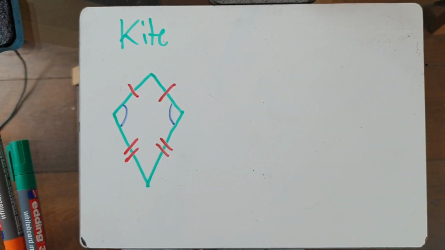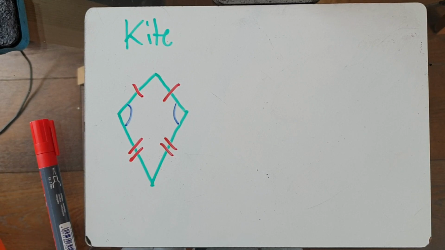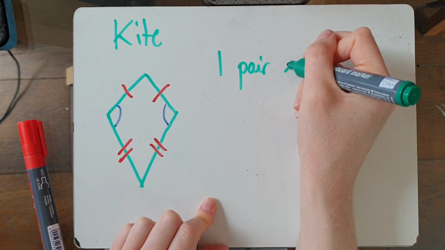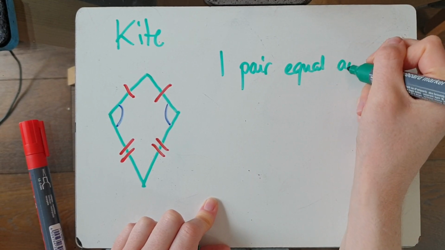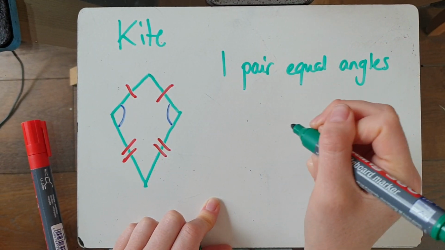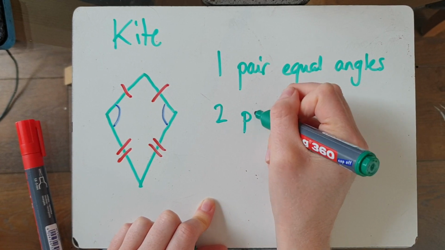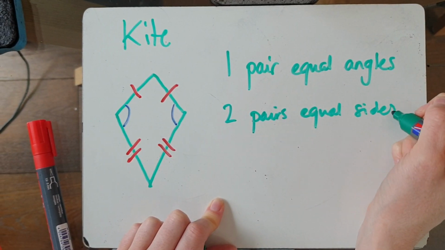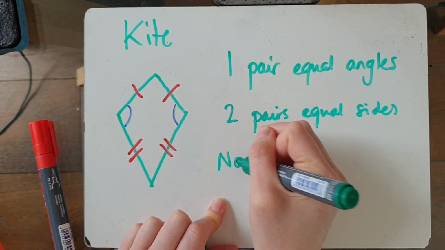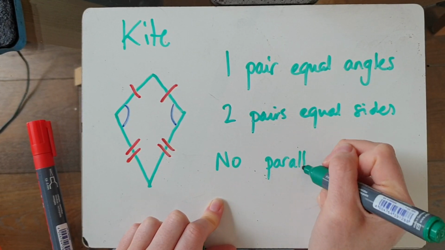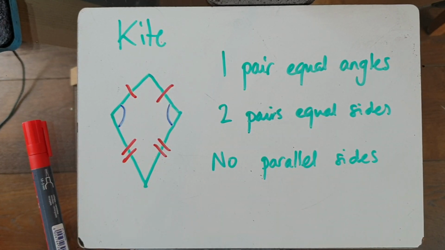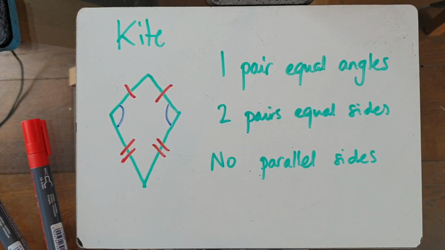It does not have any parallel sides. So, one pair of equal angles, then 2 pairs of equal sides, and no parallel sides. Okay, get that written down, please, and then we'll move on to the last shape.